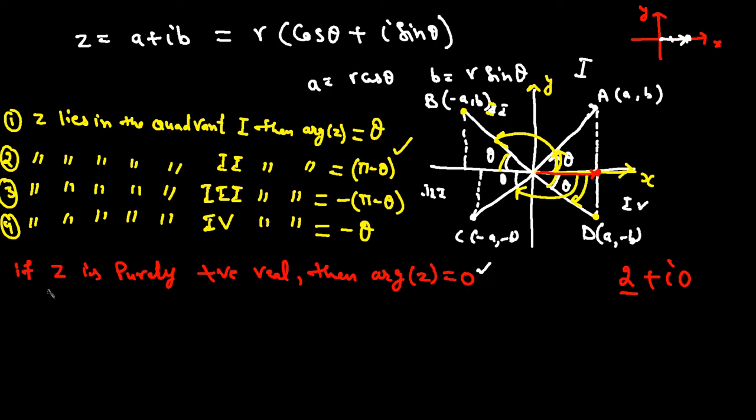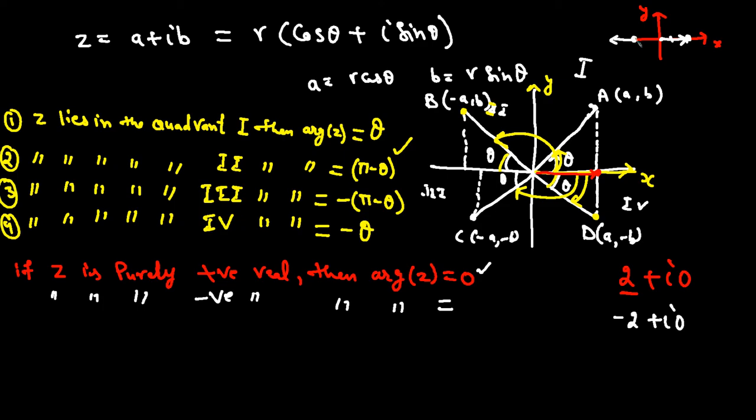Now if the complex number is purely a negative real, what will be the argument? Let's say it is negative 2 now, negative real. So negative 2 plus i0. In that case, negative 2 will be on this side.